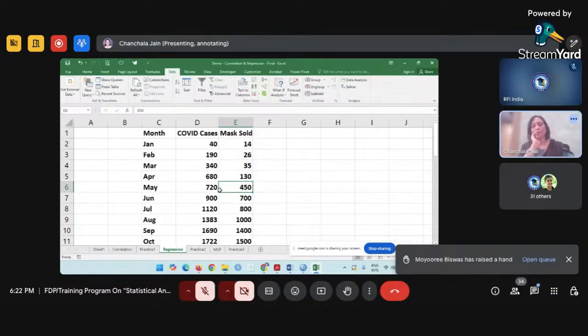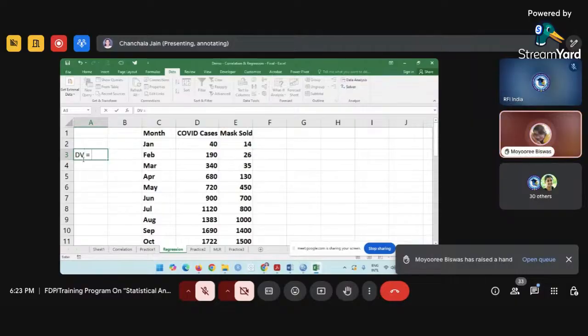The first thing you need to understand in regression is which is your predictor variable and which is your predicted variable; you need to state that clearly. Looking at the data, we have COVID cases and masks sold. Which variable can I take as dependent and which as independent? IV COVID cases, DV masks sold.